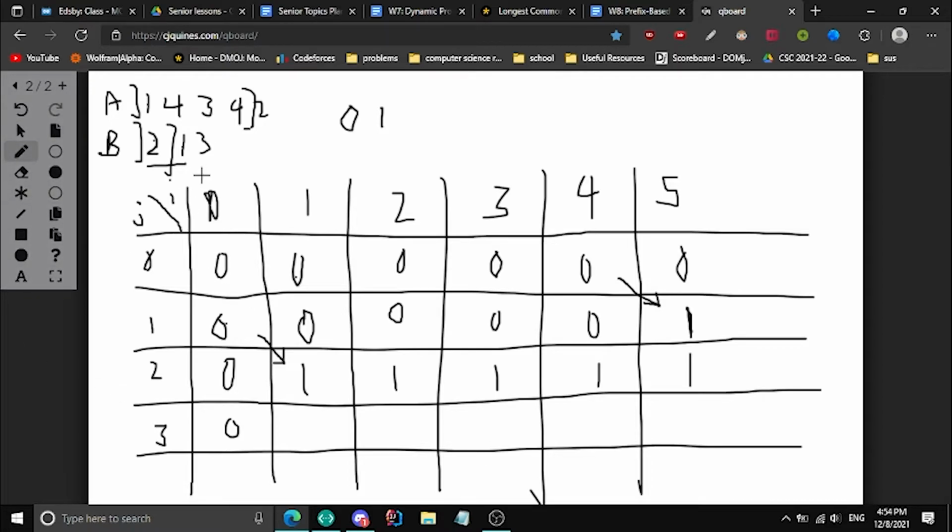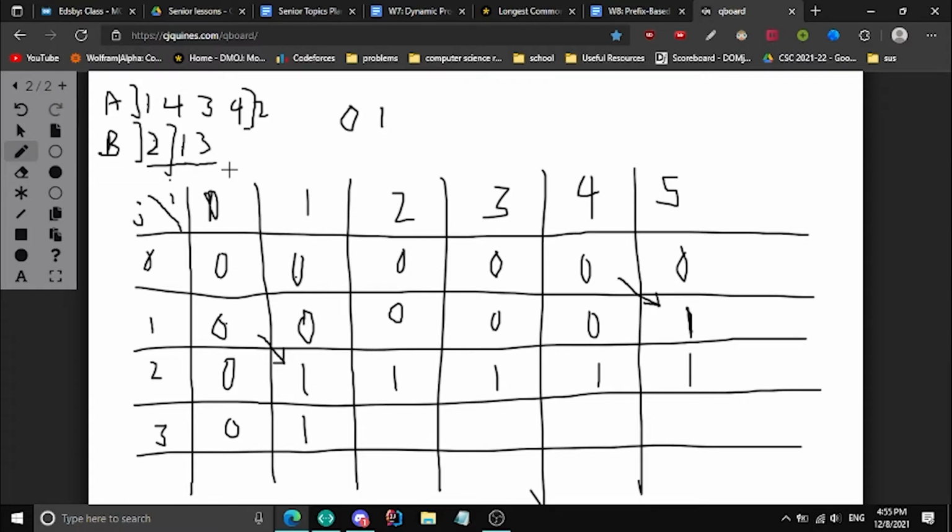Okay, so now let's look at the prefix of B, that is 2, 1, 3. So this entire array here. So matching 3 with 1, those are not equal. So that will be the maximum between these two. Matching position 2, which is 4 to 3, that's still not equal.